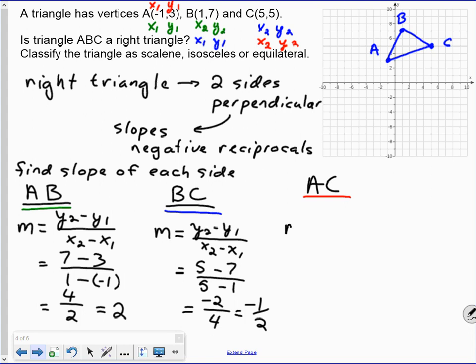I'm not going to write out the slope formula again, I'm just going to go right to the letters. So y2 is 5, y1 is 3, x2 is 5, x1 is negative 1. So we get 2 divided by 6, or 1/3.